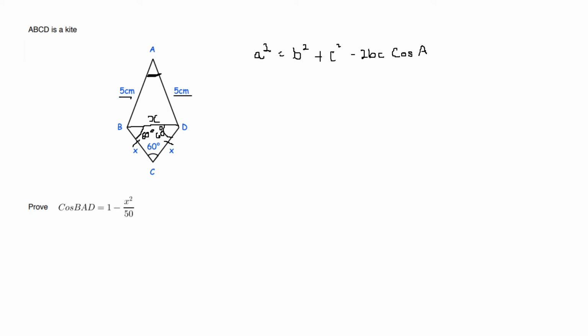It doesn't matter which one you choose to be B and C. The important thing is that you pick A to be the side opposite the angle. So in this case, A is going to be x.